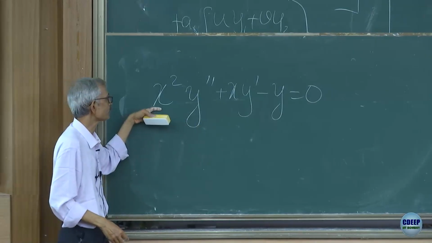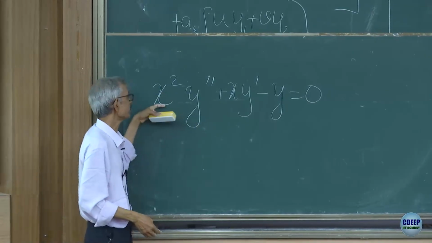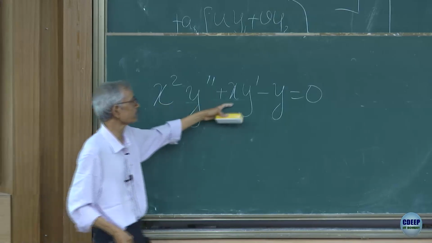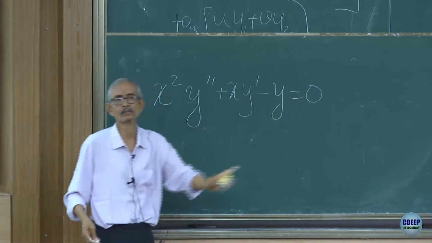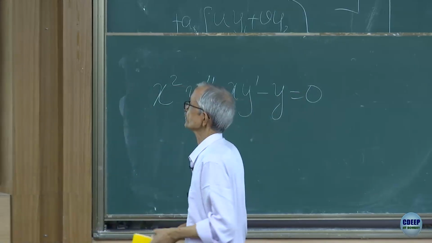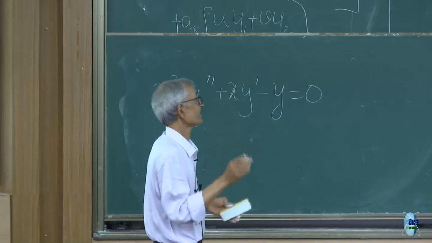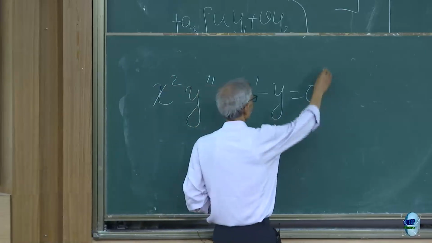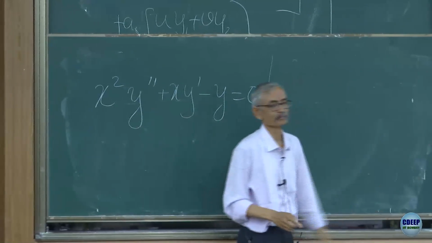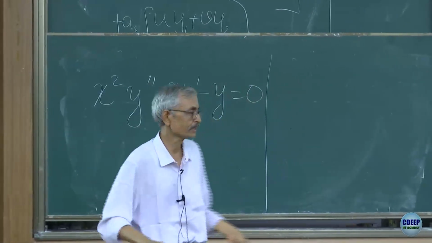So I've got x square, it could be t square. So it could be x square, it could be t square y double prime plus t y prime minus y equal to 0. That's perfectly fine. And this has the special name and has therefore a special solution. We'll look at a general solutions maybe later today or early next class.